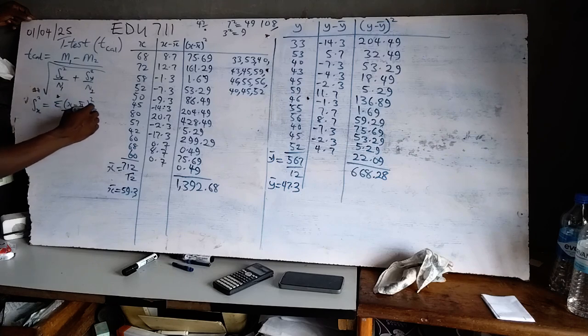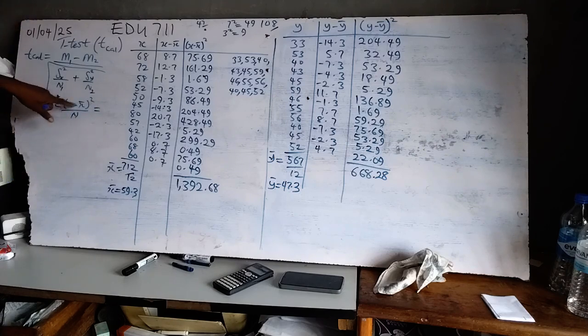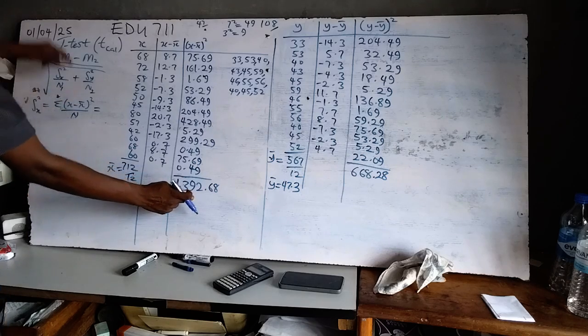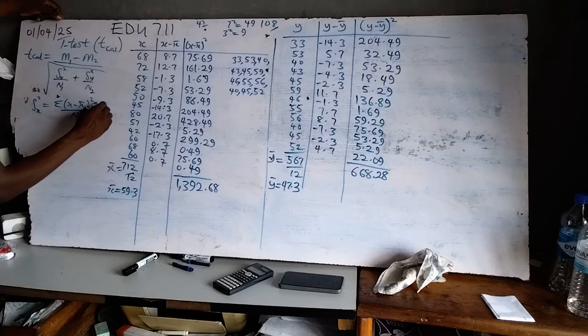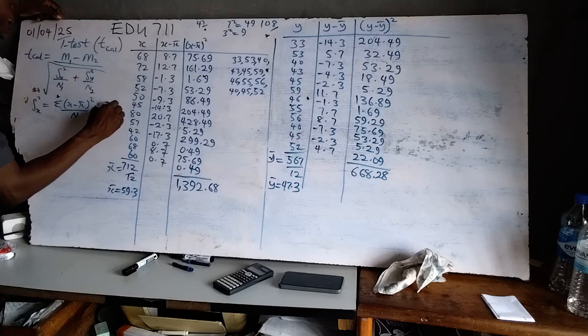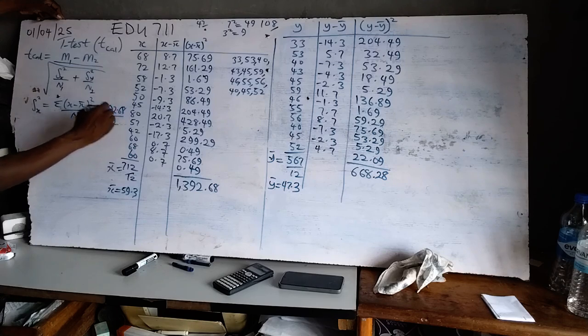So in essence, this will be equal to 1392.68 all over 12.